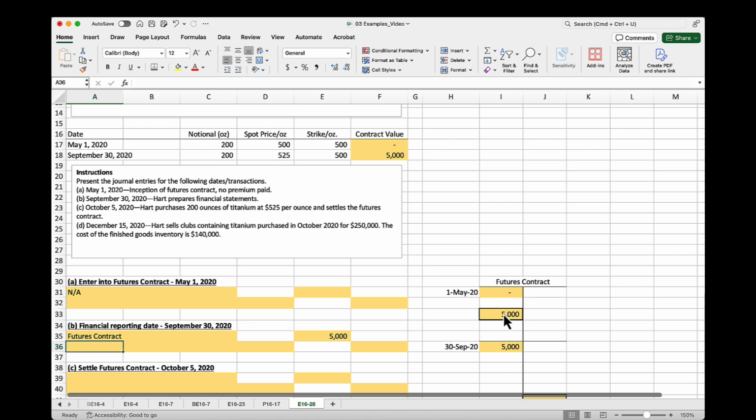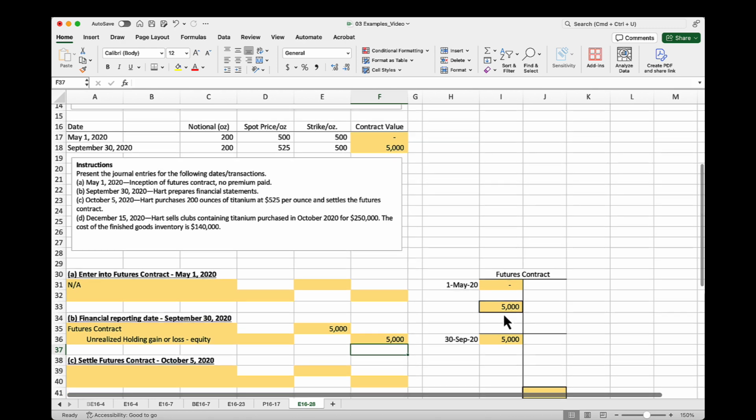So our credit here is going to be unrealized holding gain or loss dash, and then remember, the word that comes after this dash is going to be very important because that determines whether this impacts net income or whether it goes over to sit in other comprehensive income as a part of equity until such time as we settle this contract. And that is in fact what we're going to do. So this is going to be equity because it's going to go sit in OCI. So this will not impact net income until we settle this contract.